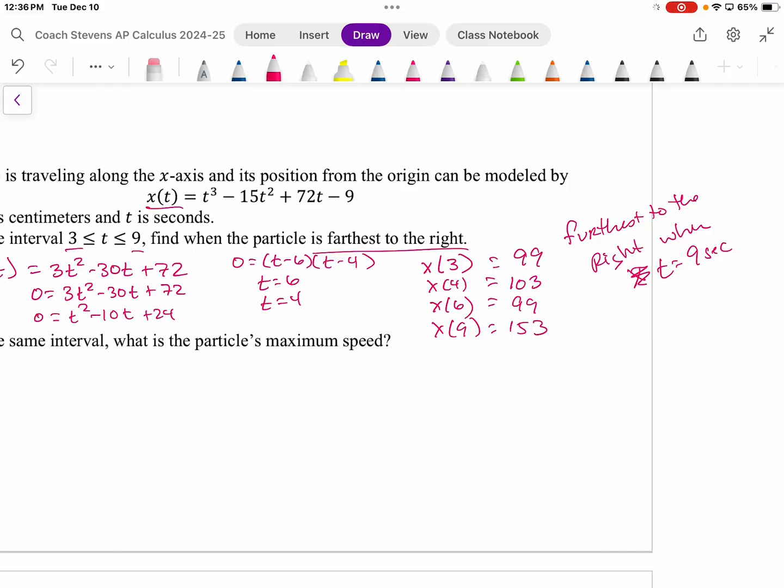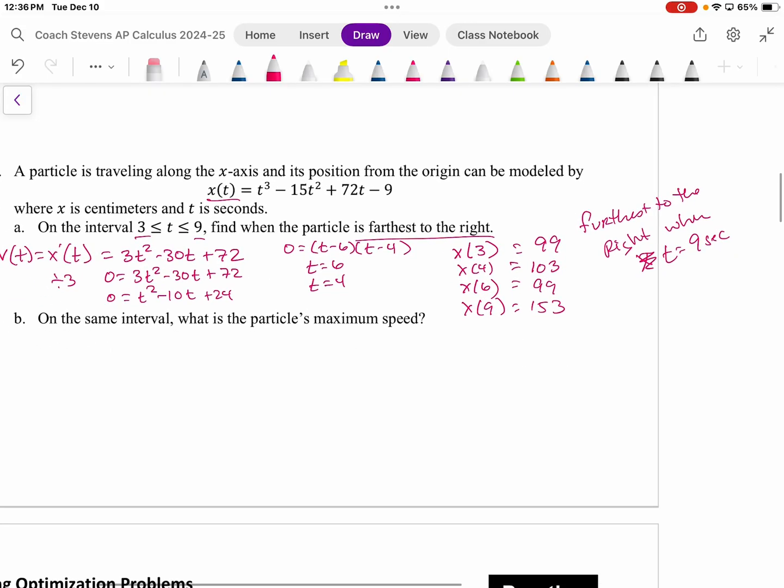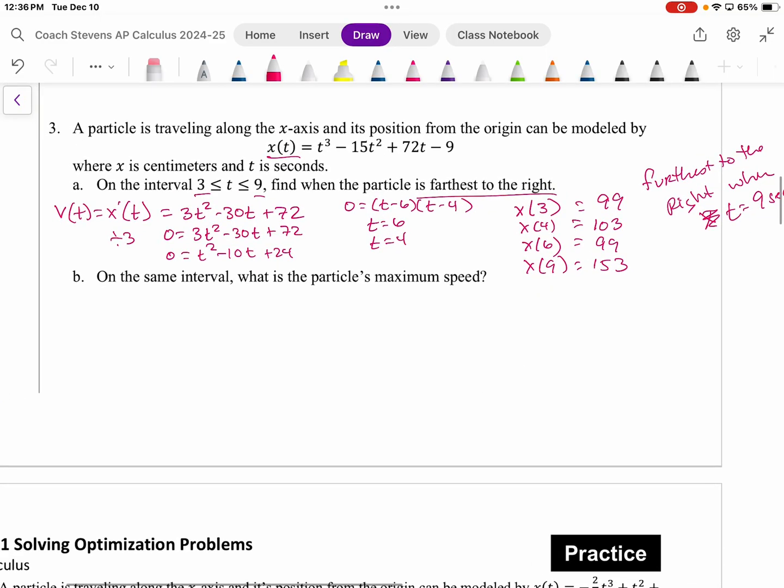So, on the same interval, what is the particle's max speed? When we're trying to find speed, what do we have to make sure we do? It's been a while since we talked about speed.